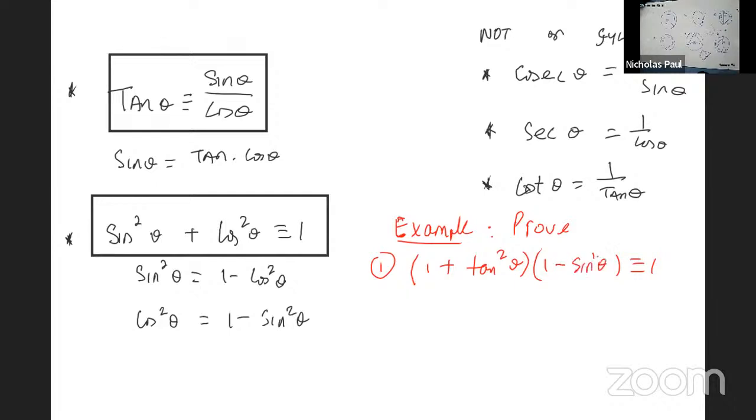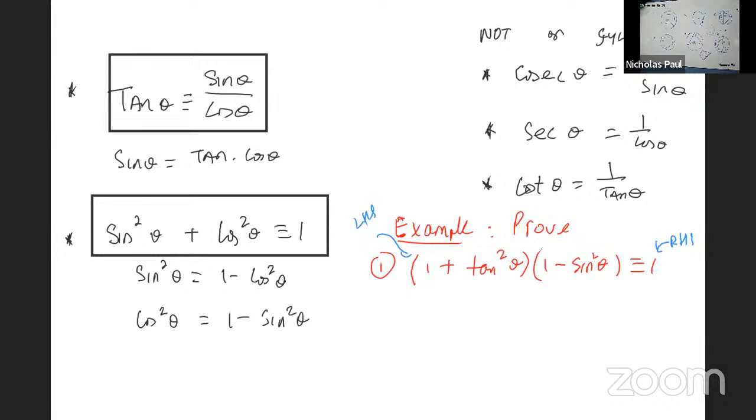Right, so, nice quick question. I want the left hand side to be equal to the right hand side, right? What's the right hand side equal to? This is your right hand side. This is your left hand side. What is the right hand side equal to? 1. And the left hand side is that long thing there, right?